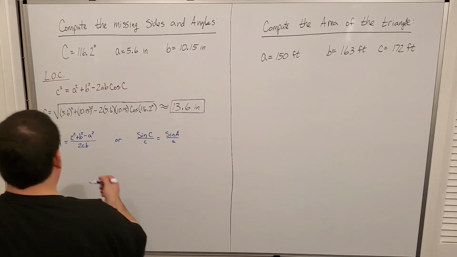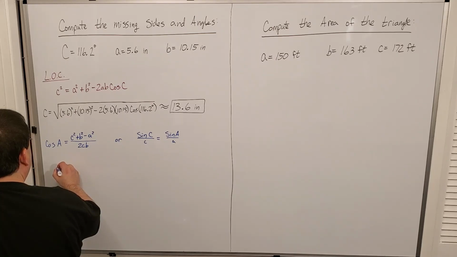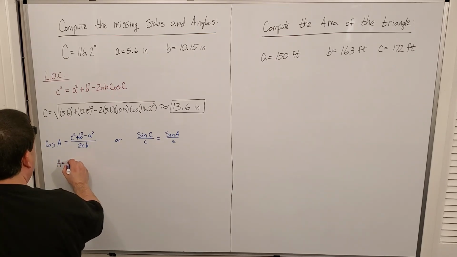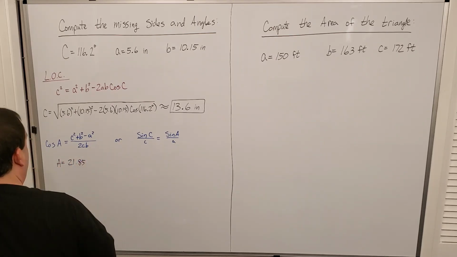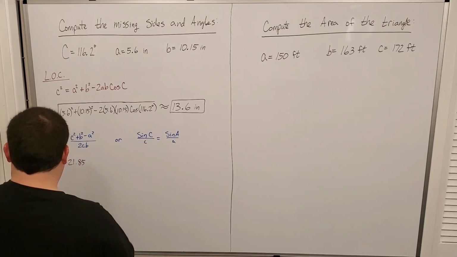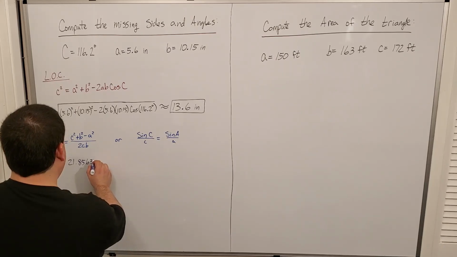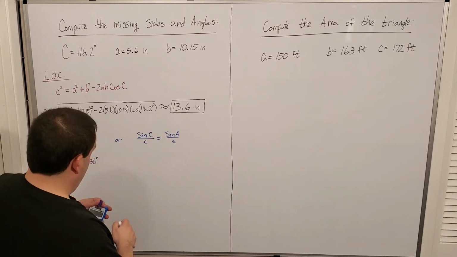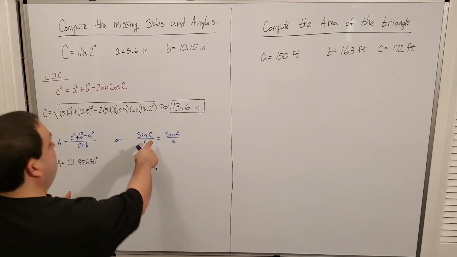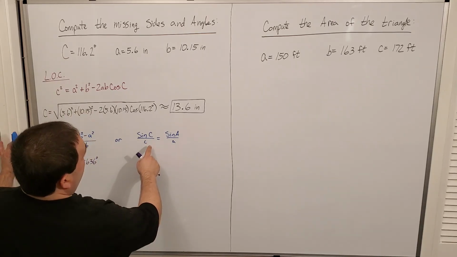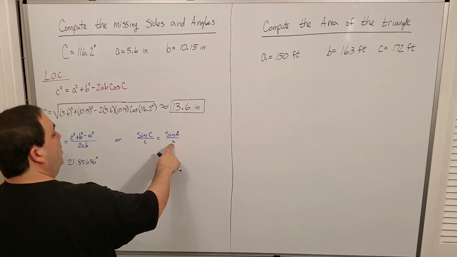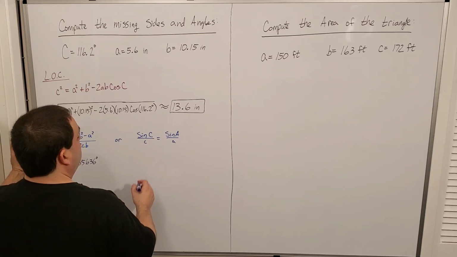so right here, I'm getting A is equal to 21.8563 degrees. Or if I set it up this way, what I'll be doing is multiplying the A over.